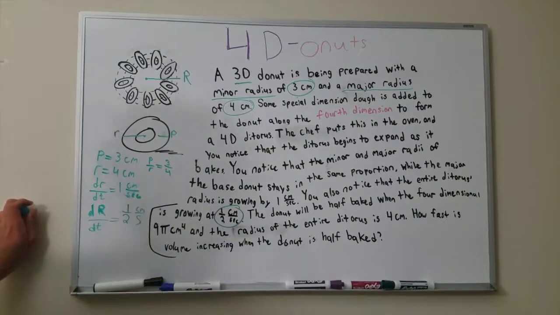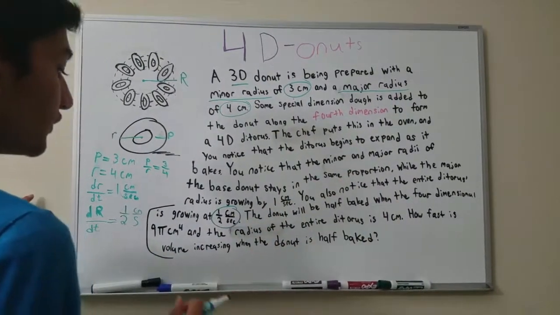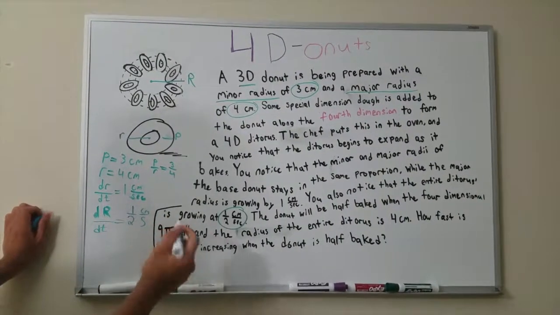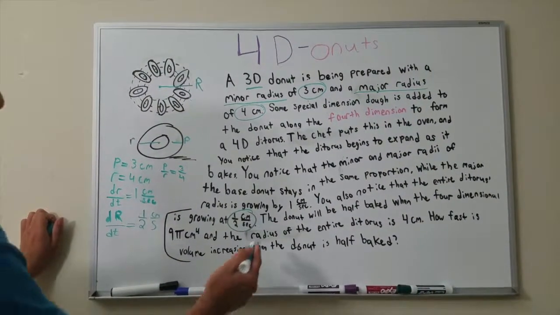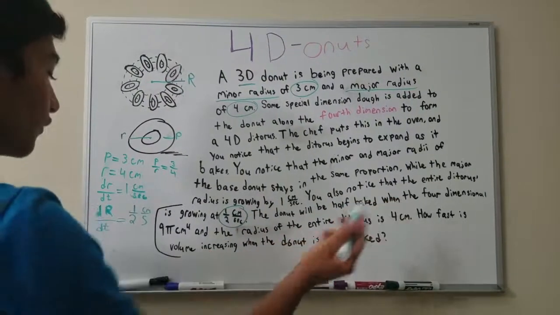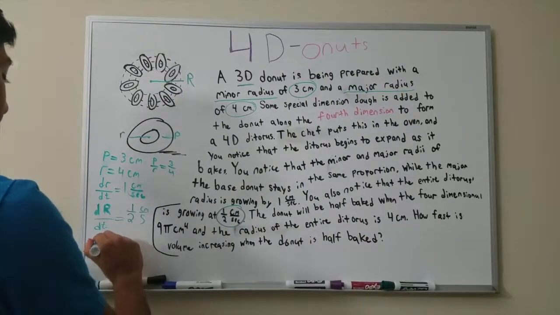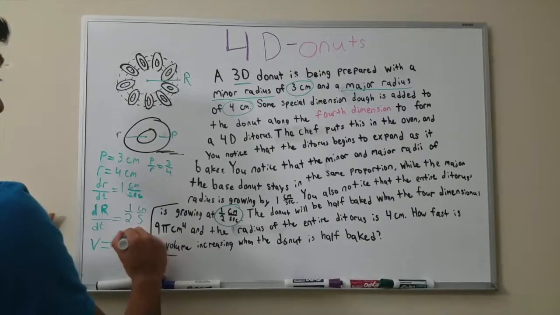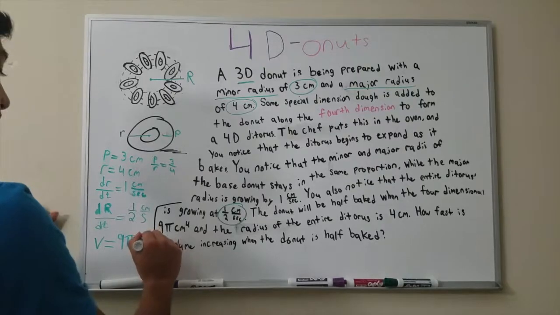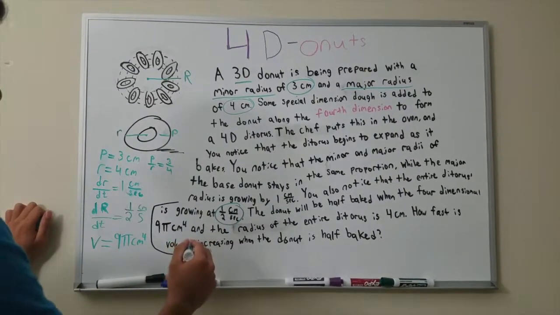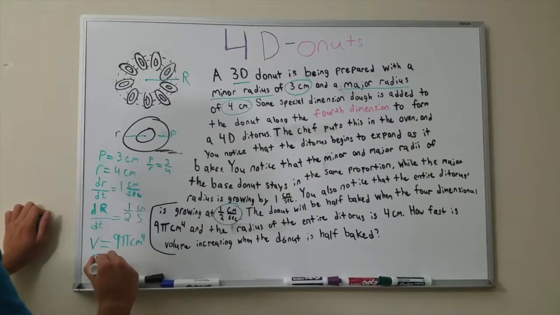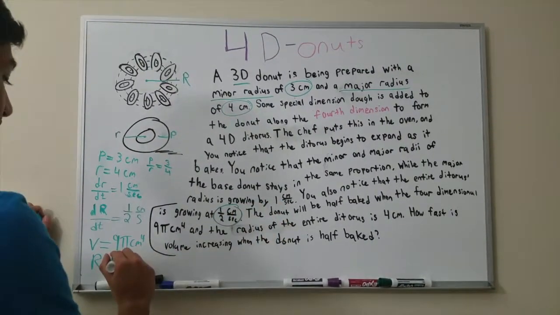Now the problem goes on to say that the donut will be half-baked when the 4-dimensional volume, which was here but I erased it, is 9 pi centimeters to the 4th, and the radius of the entire ditorus is 4 centimeters. So that means that V will equal 9 pi centimeters to the 4th, and the radius of the entire ditorus, which is R, will equal 4 centimeters.